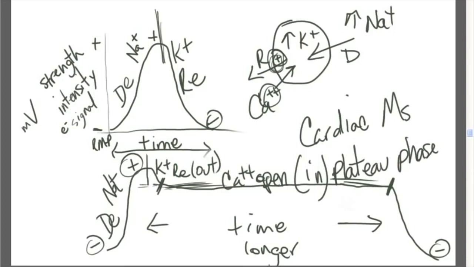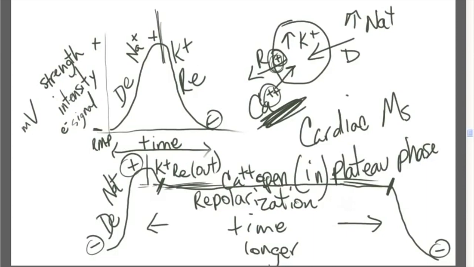During the middle of what process? During the middle of repolarization. We plateau. The plateau is completely due to what ion? Calcium. Have you heard that calcium is important for your heart? Maybe you have at some point.